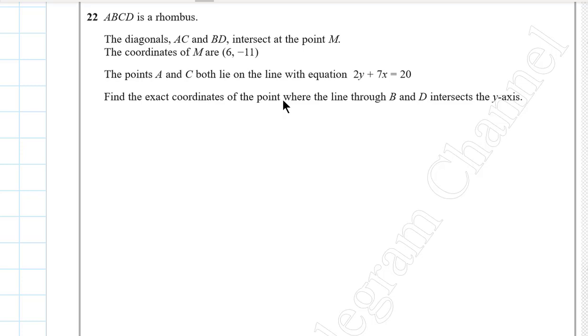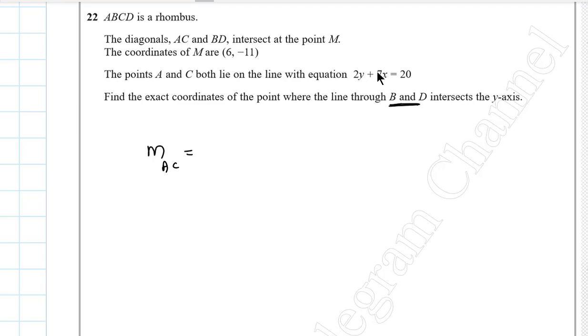Find the exact coordinates of the point where the line through B and D, the other diagonal, meets the y-axis. We have two diagonals, AC and BD. So the required is to get the point of intersection of this line with the y-axis. It's a very interesting question. First of all, I will get the gradient of AC.